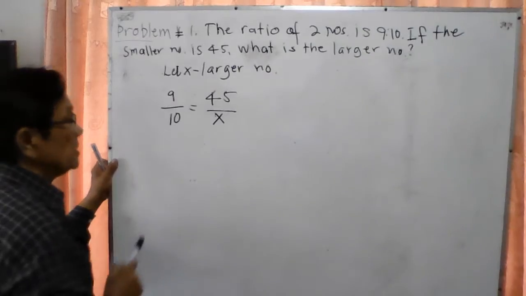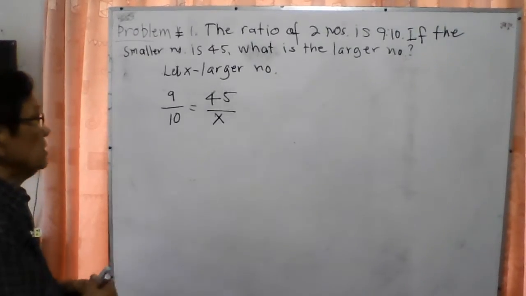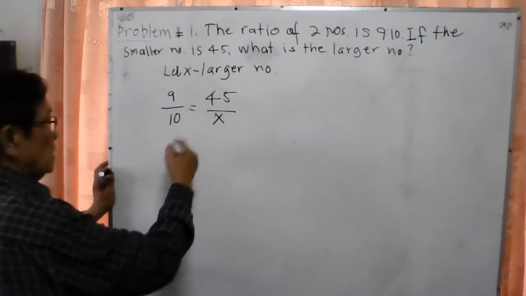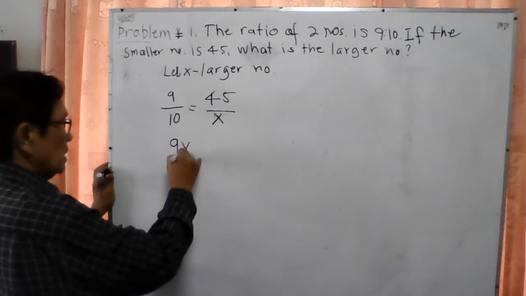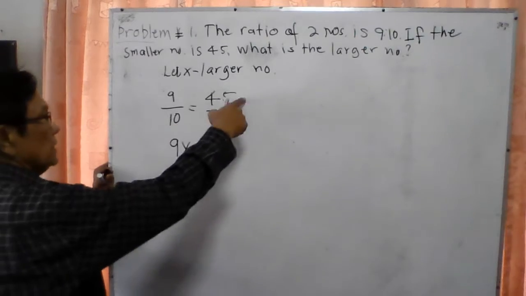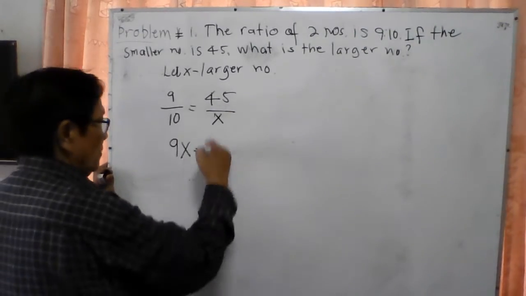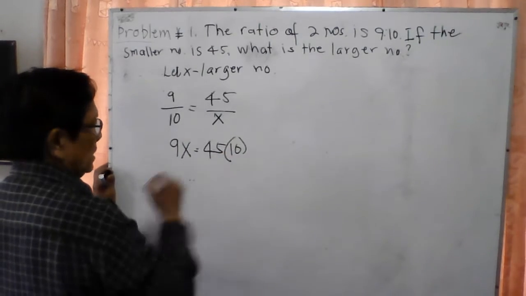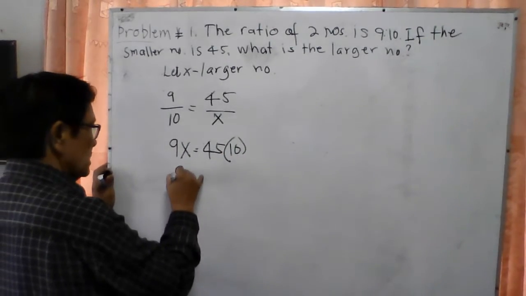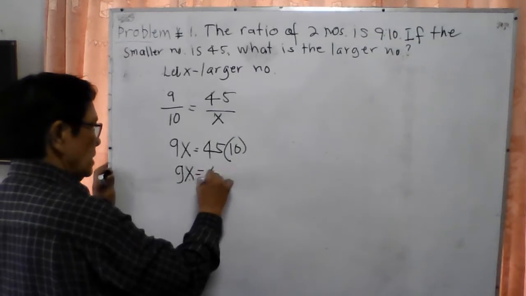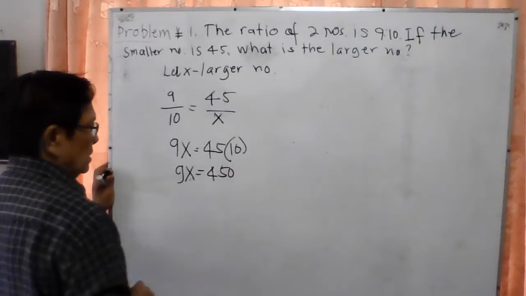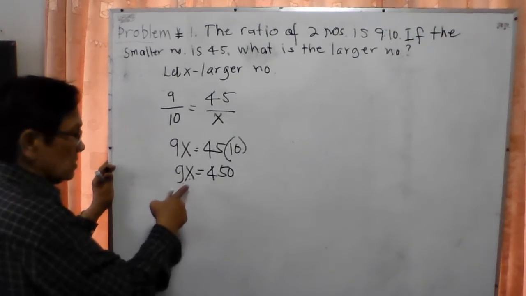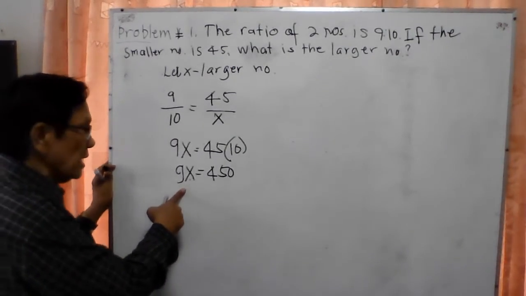Let's proceed. We want to move this to the other side. So 9x, and we want to move this to the other side, 45 times 10. So 9x equals 450. Now, if we want to remove this so that the only thing that remains is x, then this is a numerator.